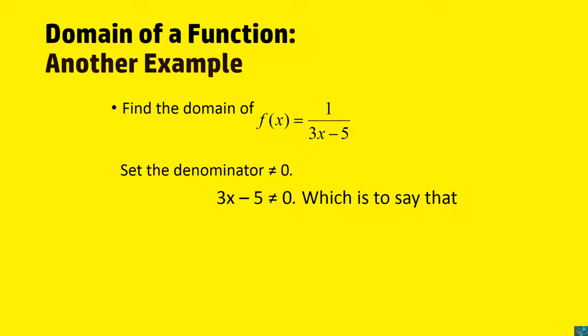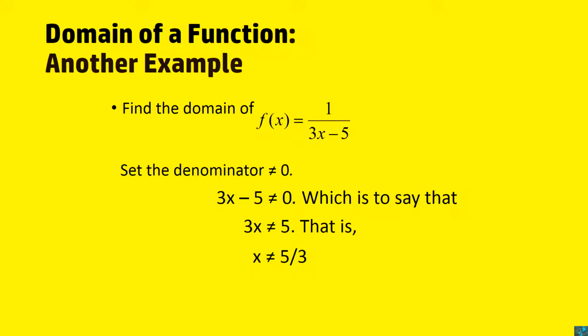Okay, so we'll do a kind of inequality algebra here, where we can just reason that 3x minus 5 is not equal to 0, which is to say that 3x can't be 5, i.e., x cannot be 5/3.